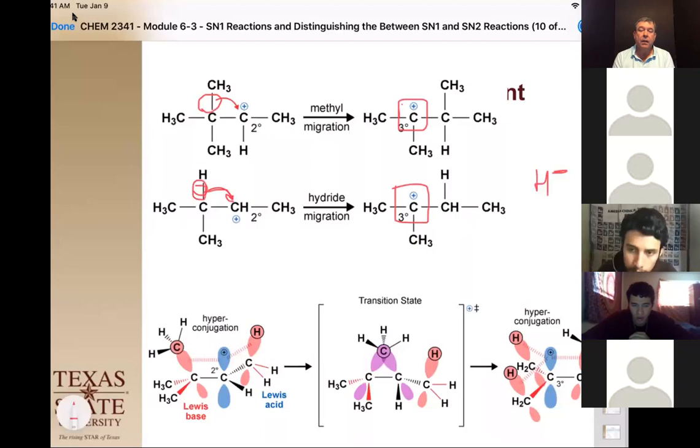That's one thing that can happen a lot in our SN1 reactions. Once you form that carbocation, you have to see, is there the possibility of moving that carbocation 1 carbon over, and only 1 carbon over, to give it a more stable carbocation.